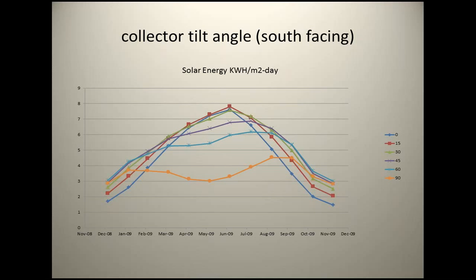Down here, you can get good improvements if you have the right orientation, but you're not dealing with very much energy to begin with, because you don't have very many sunny days. So you're attempting to gain energy when there isn't very much to begin with. You could double the amount of energy you could get, but in terms of the total production of energy over the entire year, it's relatively small.